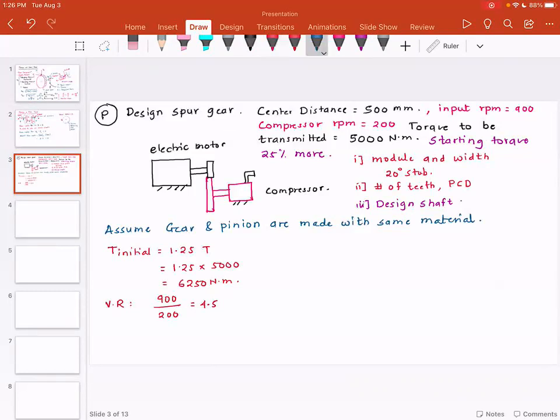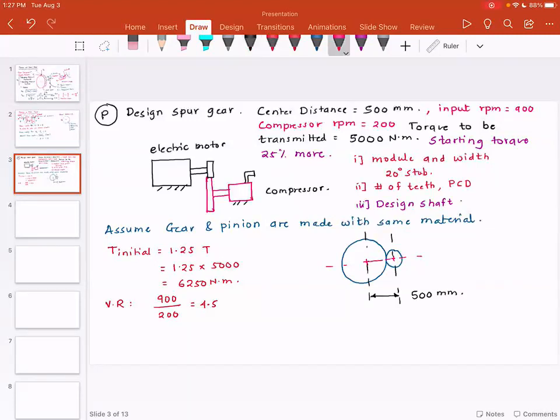Now at this point, let's see what is happening here. We have this gear and we have a pinion. If you think about the center line, this is the center distance, and they are saying 500 millimeter.